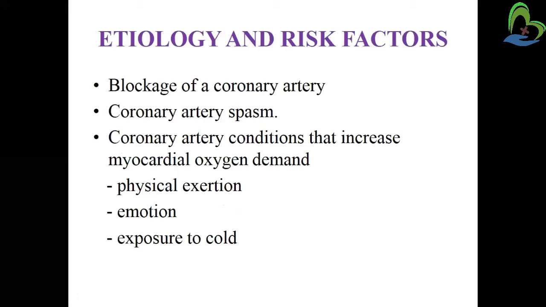But there may be a blockage due to atherosclerosis or a thrombus or embolus which has circulated in the coronary artery. This blockage leaves the tissues lacking oxygen supply, so demands will increase. Coronary artery spasm may also be the reason.